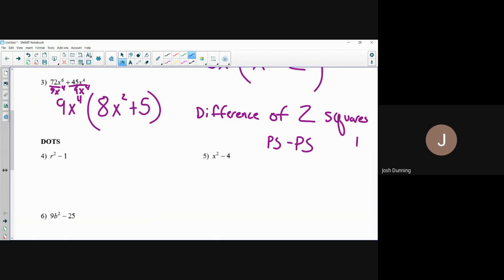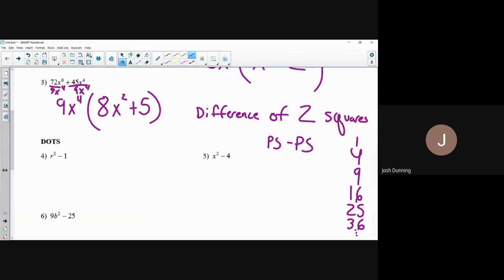2 squared. 2 times 2 is 4. 3 squared. 3 times 3 is 9. 4 squared, 16. 5 squared is 25. 6 squared, 6 times 6 is 36. And so on. Now, I don't need anything bigger than that. And you could just keep going. 7 squared, 8 squared, and so on.